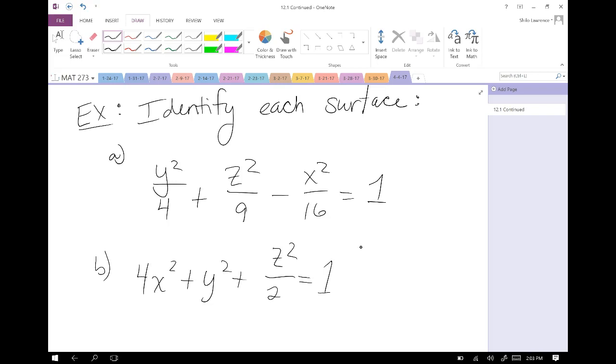So we've got hyperbolas opening in the y, hyperbolas opening in the z, and then ellipses in the yz. So we've got 2 sets of hyperbolas and ellipses.